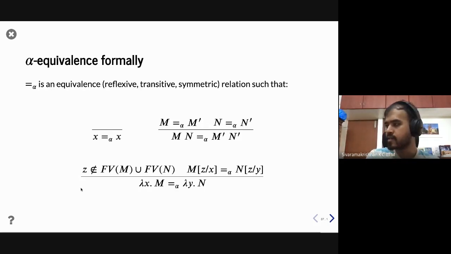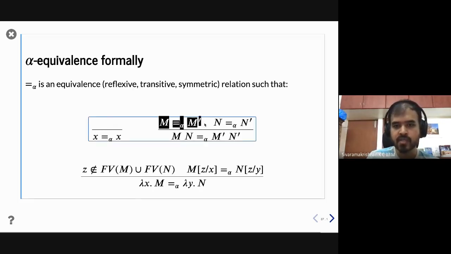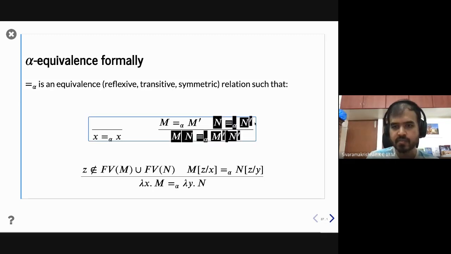As I introduced while introducing if expressions, this sort of writing down rules is known as writing down inference rules. Again, just to recall, you will have a bunch of premises on the top. So this is one premise, this is the second premise, right?